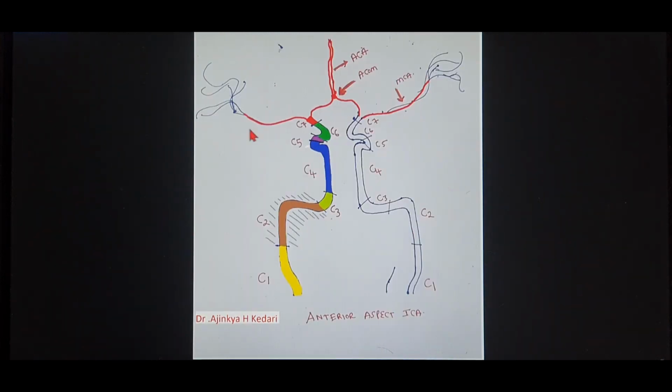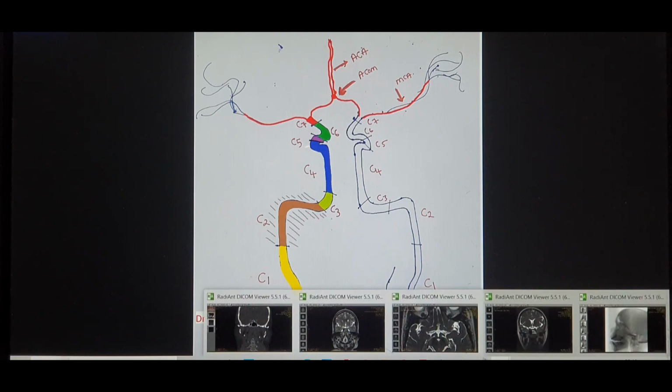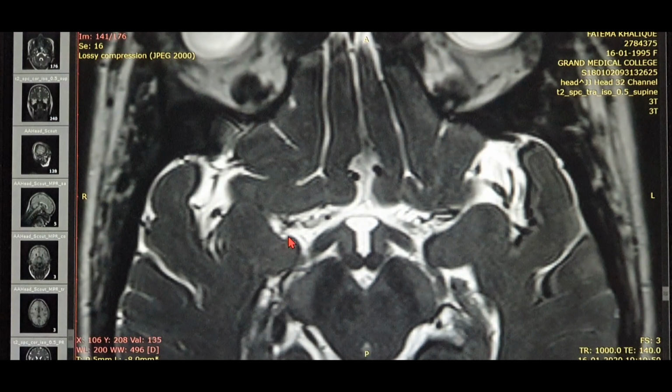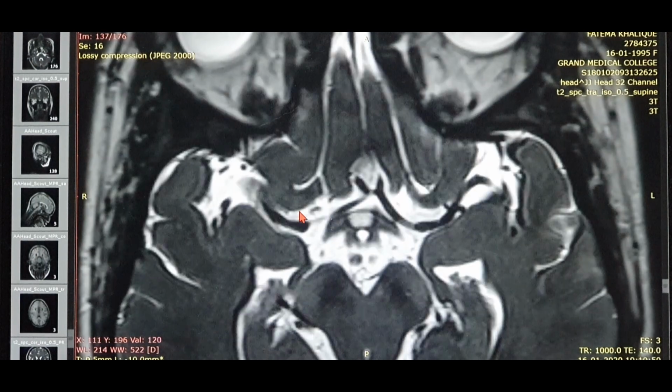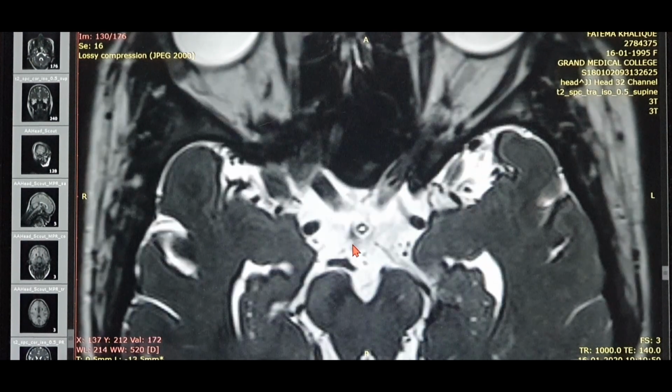As you can see over here also, the anterior cerebral artery goes above in a vertical direction, and the middle cerebral goes in a lateral direction in the Sylvian fissure. So similarly, we saw over here that the anterior cerebrals are going up in a vertical direction, and we could see the MCA going laterally into the Sylvian fissure and then disappearing, okay?